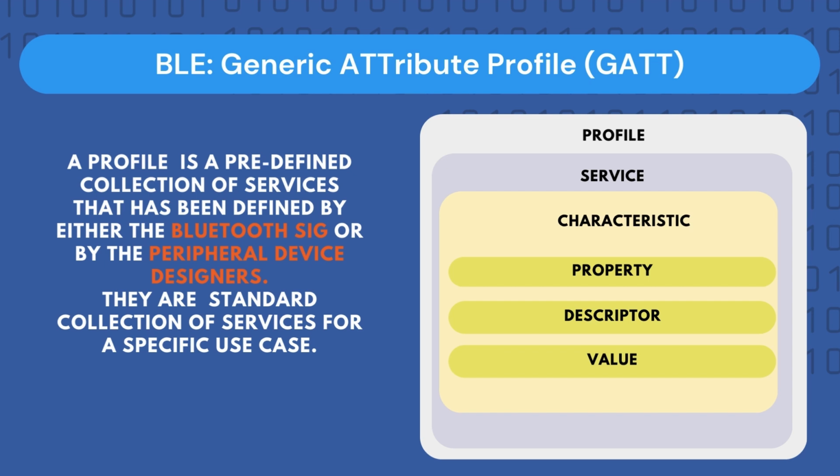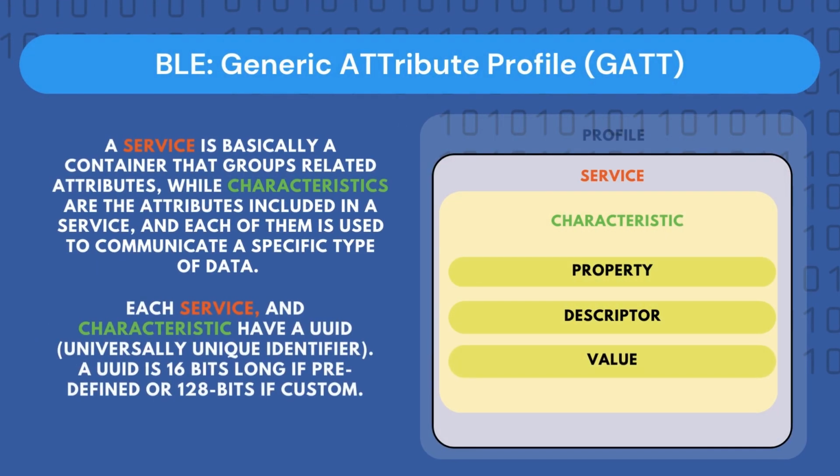There are predefined services for several types of data defined by the Bluetooth Special Interest Group, like the battery level, blood pressure, and heart rate readings. Each service is made up of characteristics, and a characteristic is where the actual data is contained, and the characteristic is made up of the attributes included in the service.